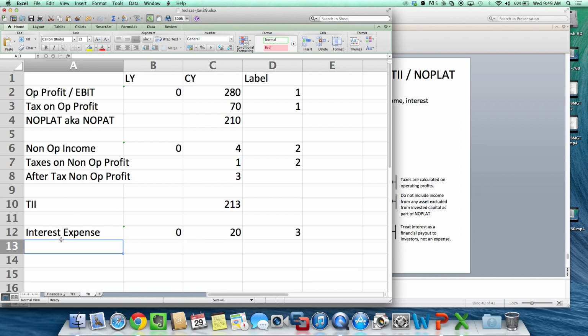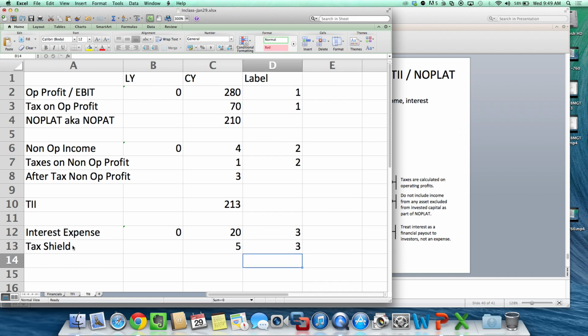Same thing: I have interest expense, but the IRS allows me to deduct the interest expense as a cost of doing business. This creates a tax shield. The tax shield is the interest expense times the tax rate.